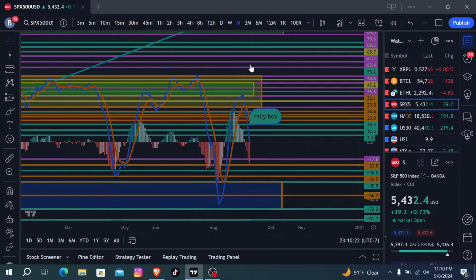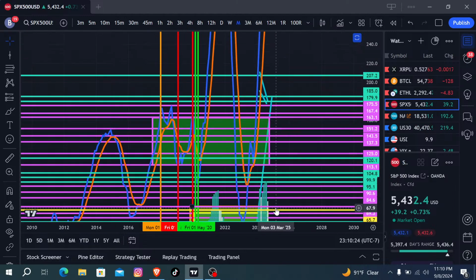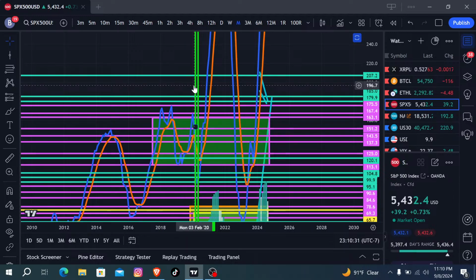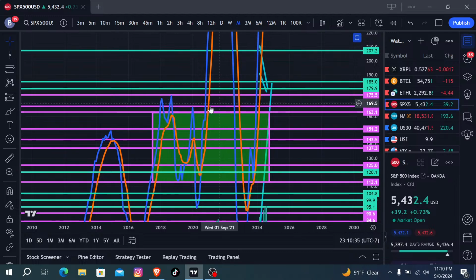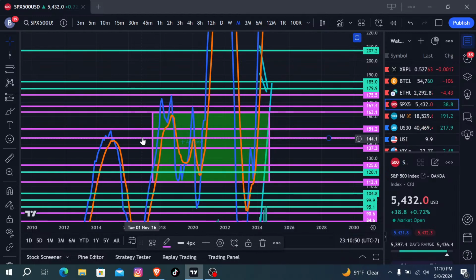So what I would do, I'll go to the monthly, and I marked, let me erase all these. I was comparing something. So I mark every tip, whether it be orange or blue. I'll mark it off. Now here's another one, another one, another one, and so on.